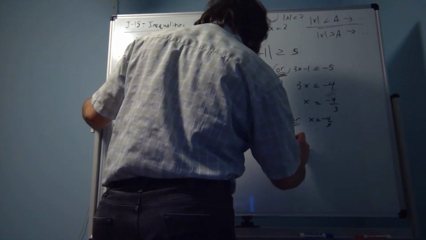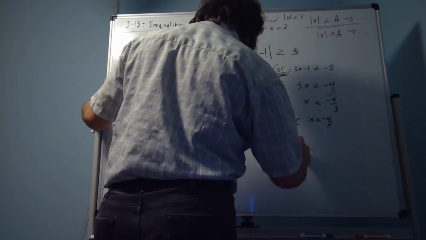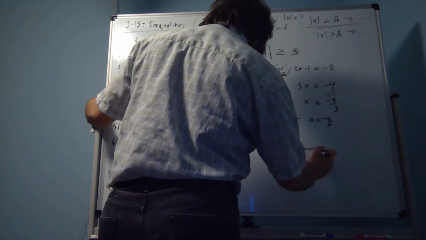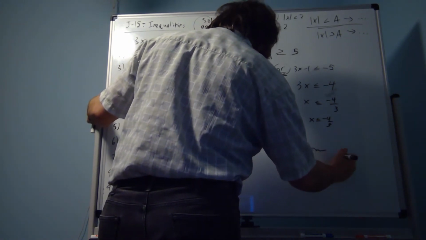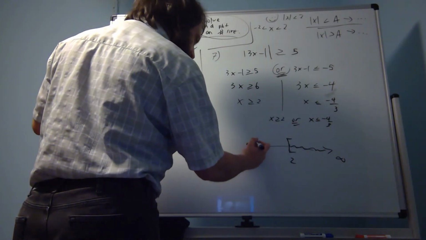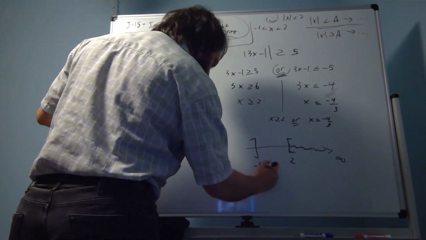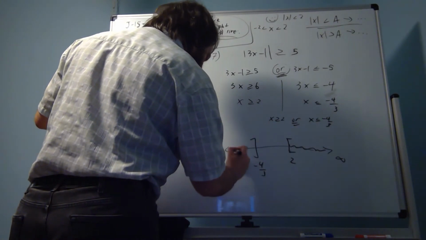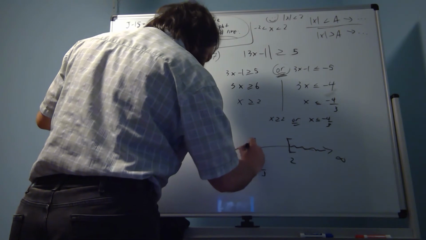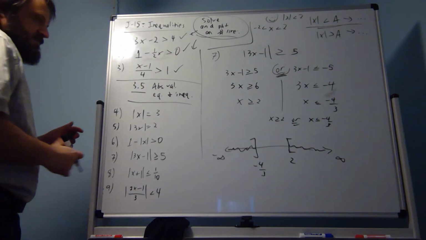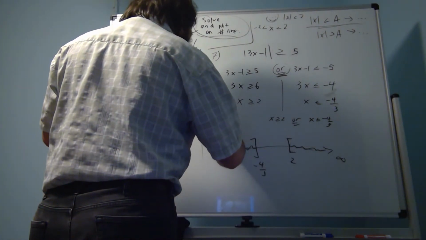We're including equals, so square, here's 2, we go all the way out to infinity, keep going, and then x is less than or equal to, so including -4/3, go all the way out to minus infinity, shade all that in. And how do we write this in interval notation?